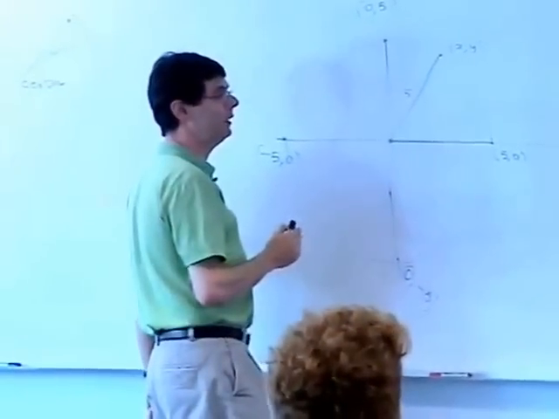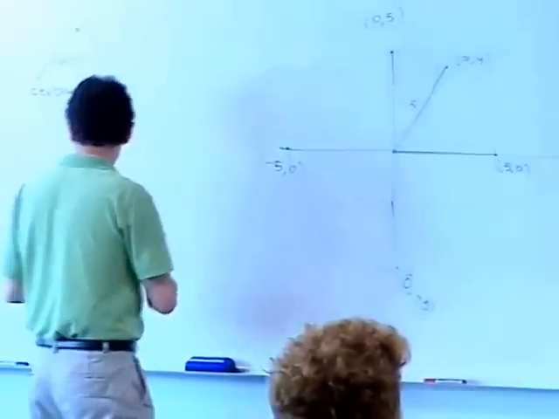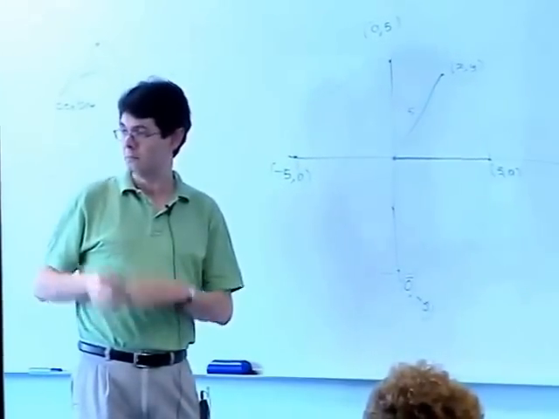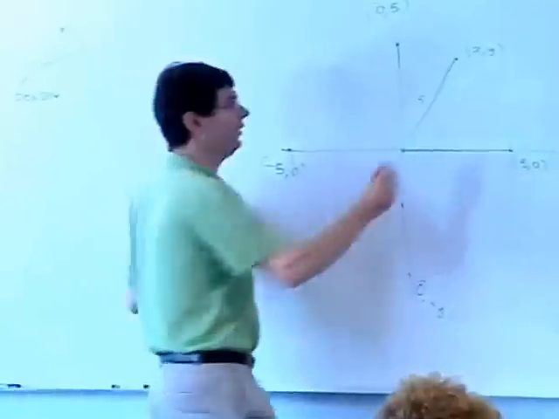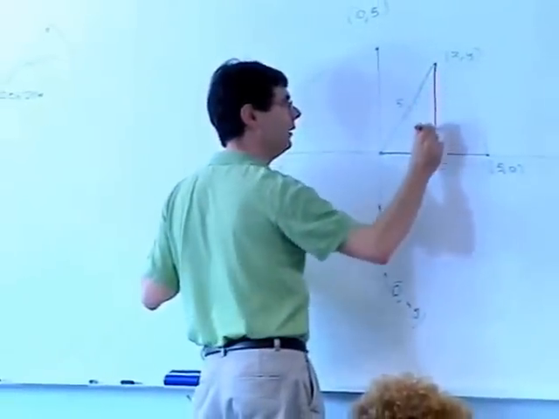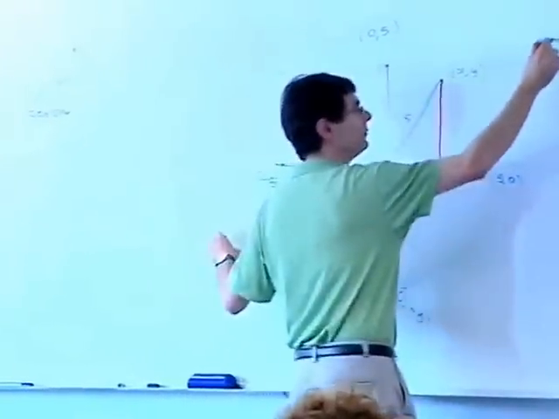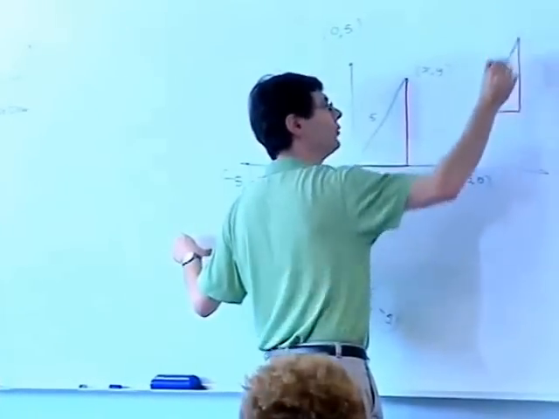And then he filled in a few other lines that are not in the picture, but he placed them there. He put this vertical line here and this horizontal little bit here. And he noticed that he has a right triangle.